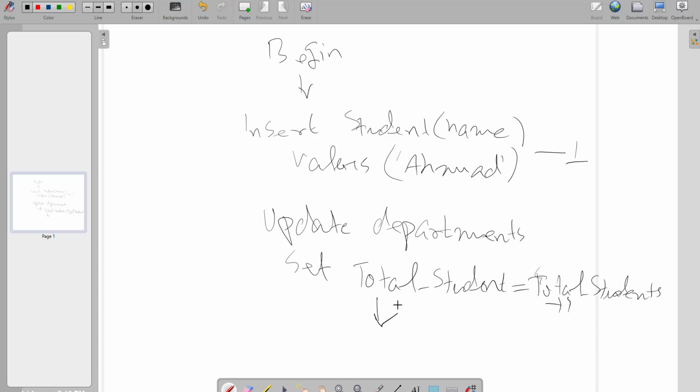So this is the second statement, and then we will commit the transaction, right? So this is the example.